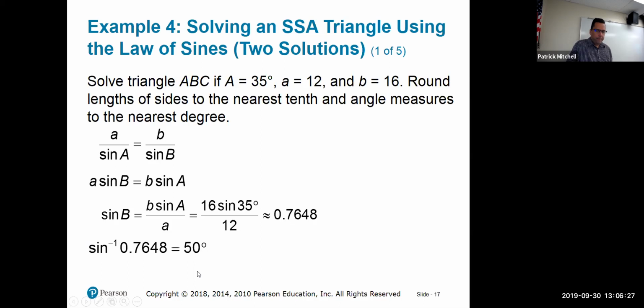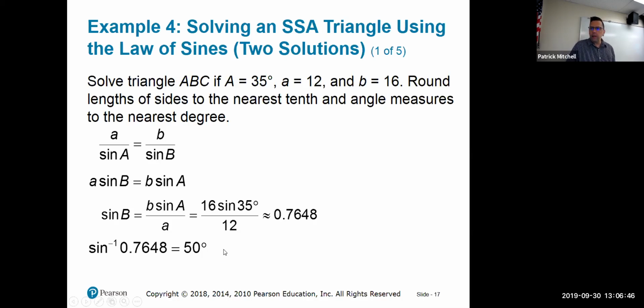Now remember, a little flashback about the inverse sine function. Inverse sine will always give you an angle between -90 degrees and 90 degrees. We always said at the time between -pi/2 and pi/2.